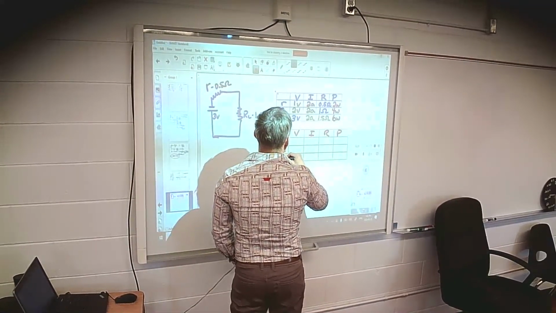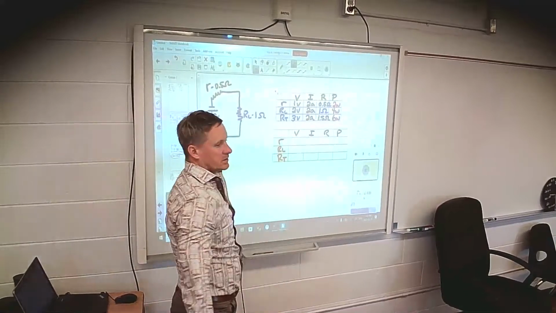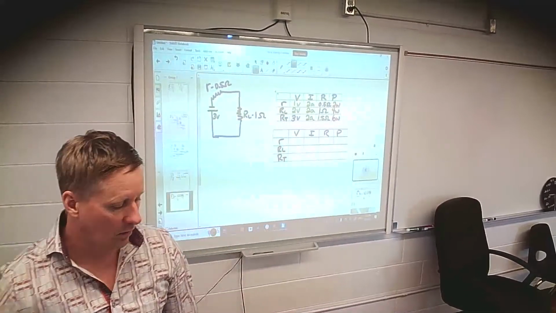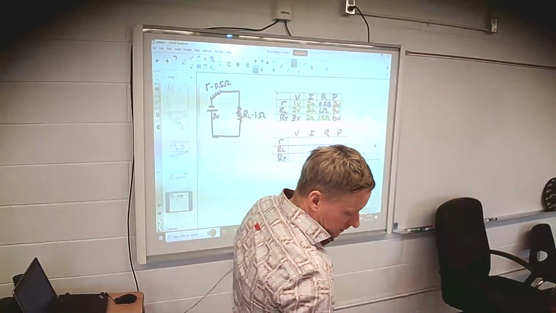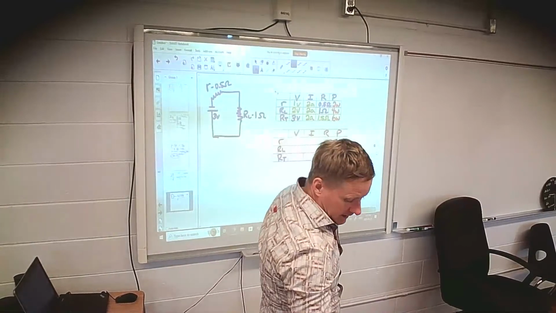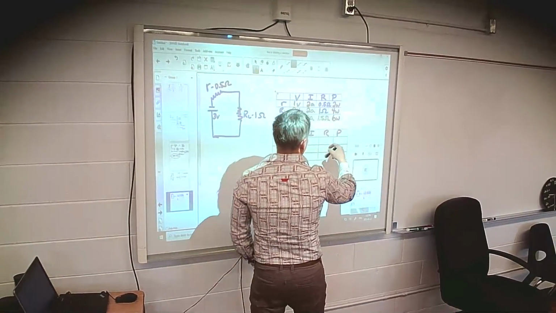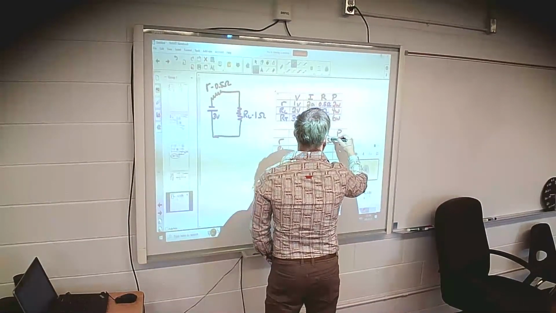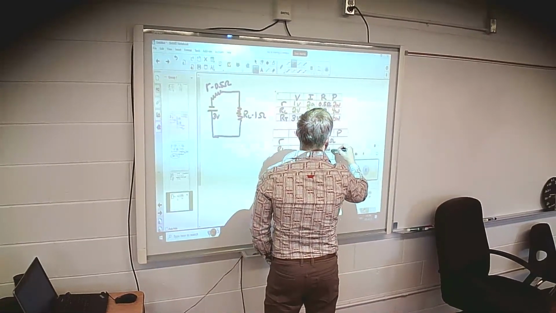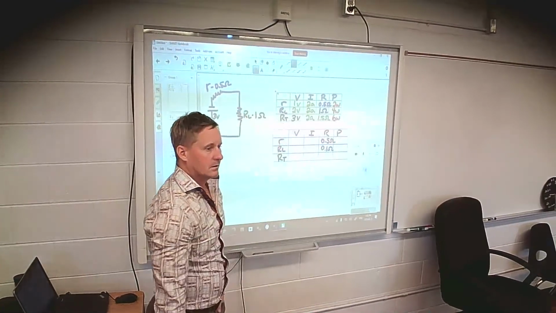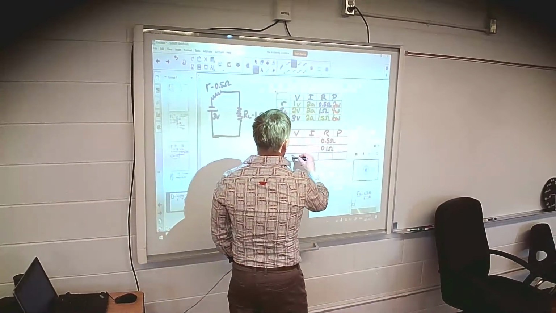So our intended goal is to get the maximum power to the load resistance. Now in the second one, the load resistance is smaller. So I have 0.5 ohms here, I have 0.1 ohm here. Still have 3 volts.